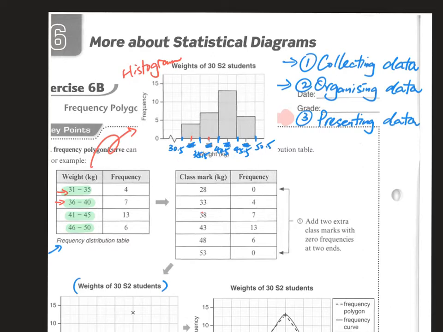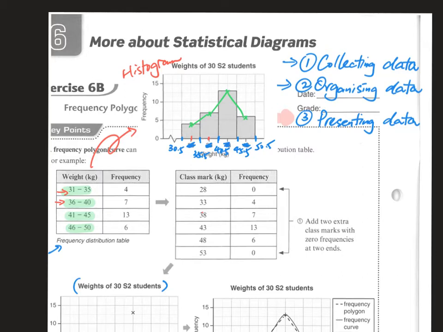Besides the histogram, you can also use another kind of diagram to present the data, which is called a frequency polygon or frequency curve. If a histogram is already given to you, you can simply mark down the midpoint of the line on top of each bar. After that, you link them up together, which gives you a frequency polygon.